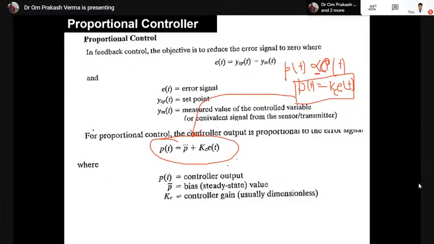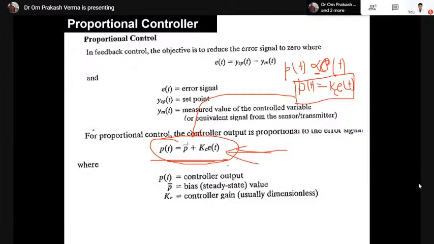The contradiction is that the same equation is written, but this is the practical equation, and whatever the general books have written is the ideal. Why do I say it is practical?